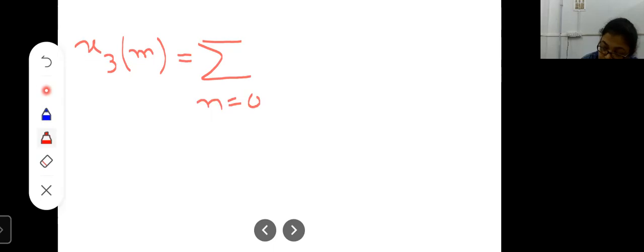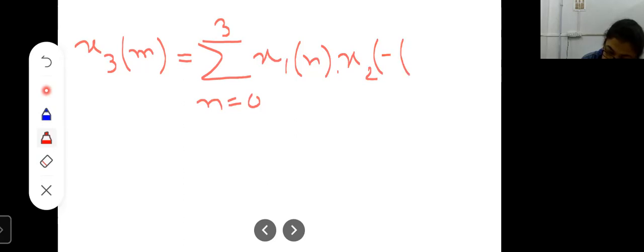So the range should be 0 to N minus 1, meaning 0 to 3. Now x1(n) into x2((n minus m)), complete the expression. Here it is modulo 4, because we chose 4-point DFT, so N equals 4 here.